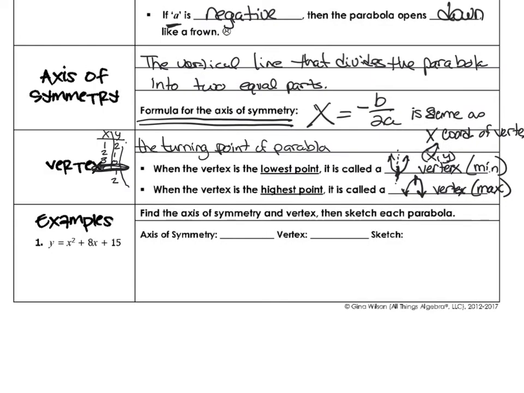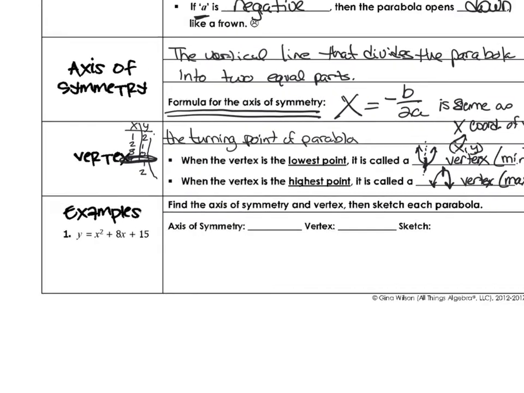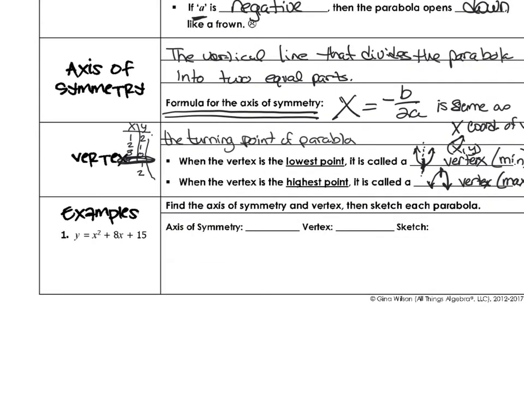All right. Axis of symmetry. So if I have this equation, we've got A, the coefficient of x squared, which is 1, B is 8, and C is 15.